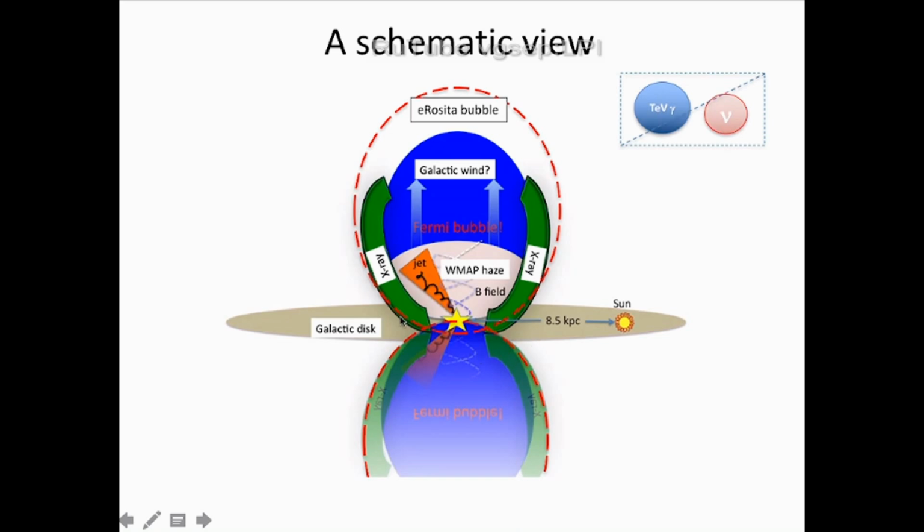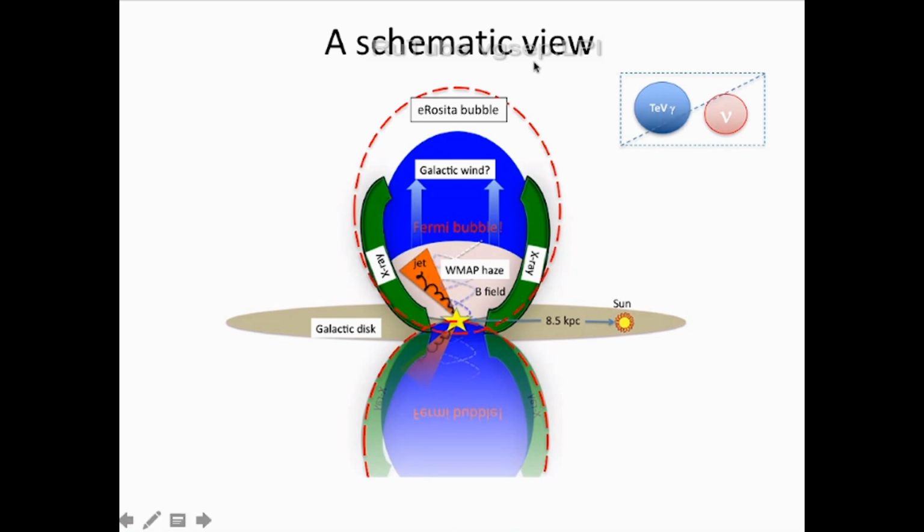And with the better data from the eROSITA mission, we know that there's this more extended eROSITA bubble extending all the way to 80 degrees in galactic latitude. And in TeV gamma rays and neutrinos, so far we have no significant detections from the Fermi bubbles yet.